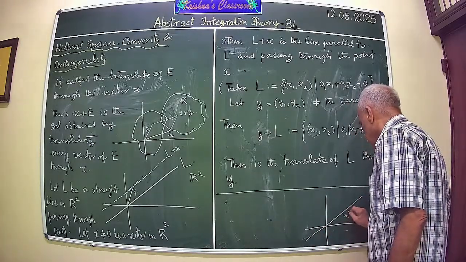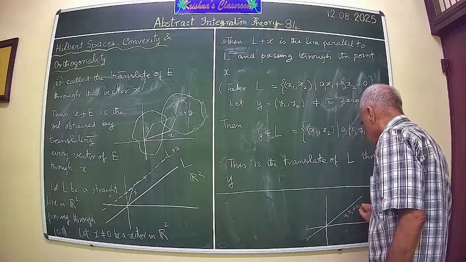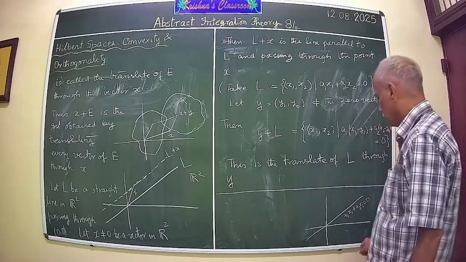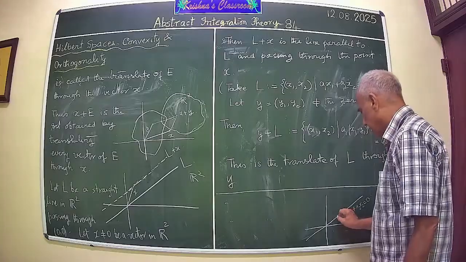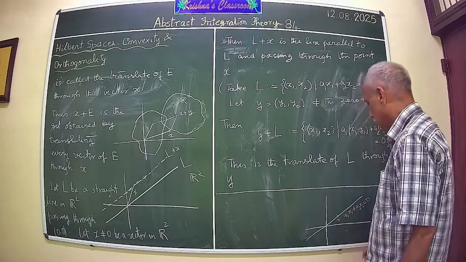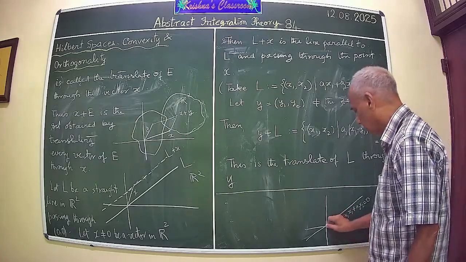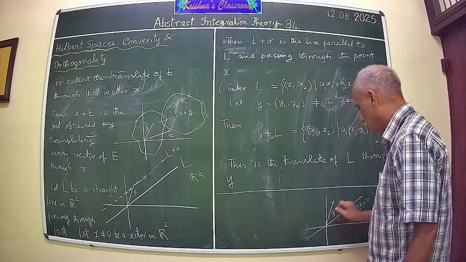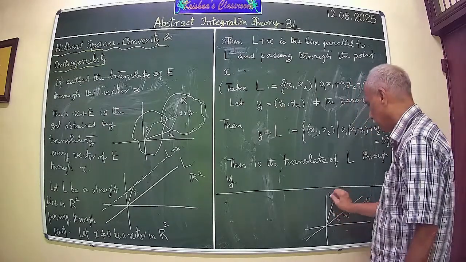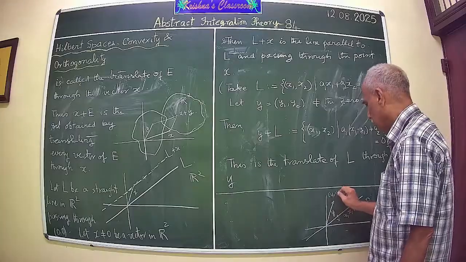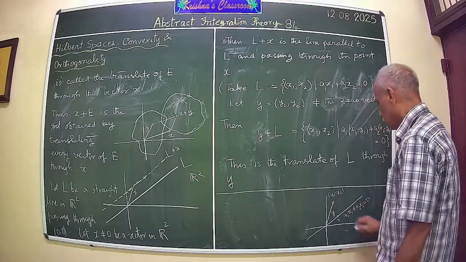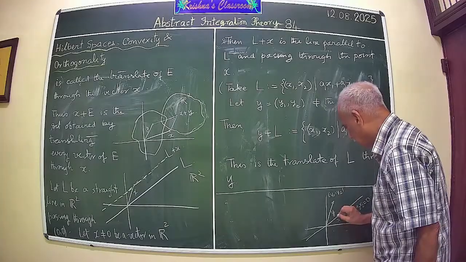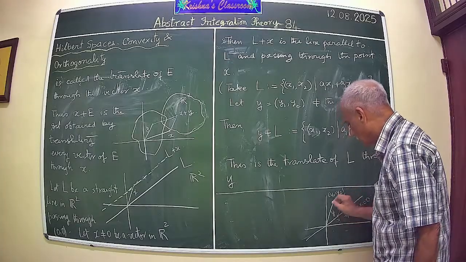Then you take any point x equal to x1, x2, and this vector y1, y2. What do you do? Take x and translate it. How do you translate it? You complete the parallelogram.